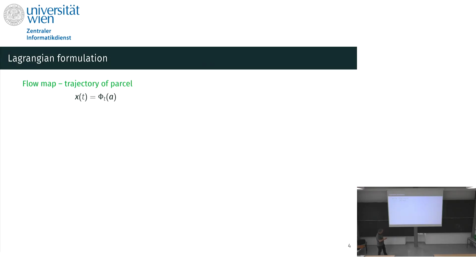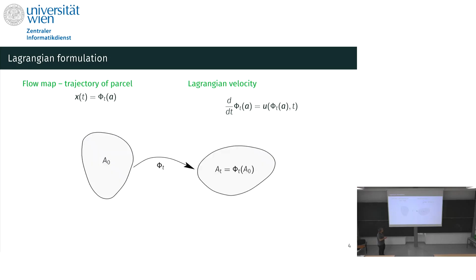So this is what we are talking about here, and in order to understand what optimal potential vorticity balance is doing, we should look at, first of all, the Lagrangian formulation of the flow to just fix concepts here. Everybody knows this Lagrangian velocity. So phi is the flow map, and then we have the definition of the flow.